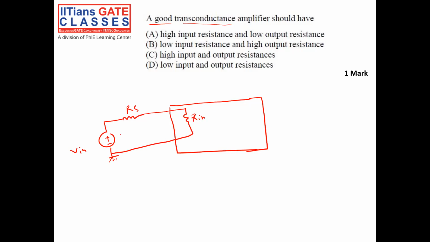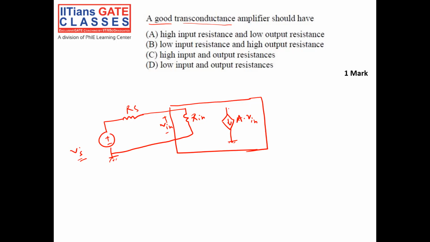Then it takes the voltage from V input to the amplifier. Then at the output, it generates a current proportional to some constant amplifier gain times V in. Here it is, suppose Vs, here it is Vn. It gives a voltage Vn.